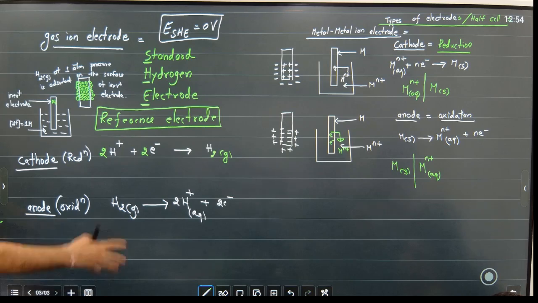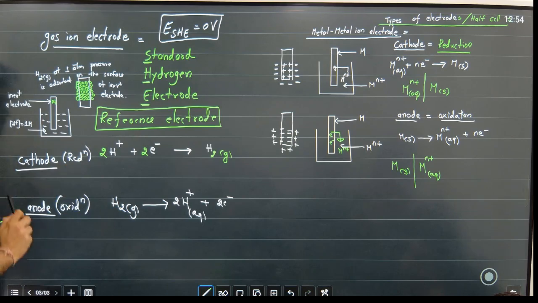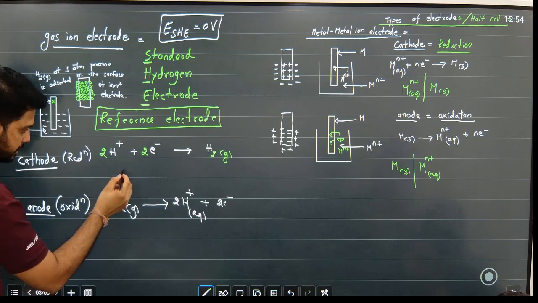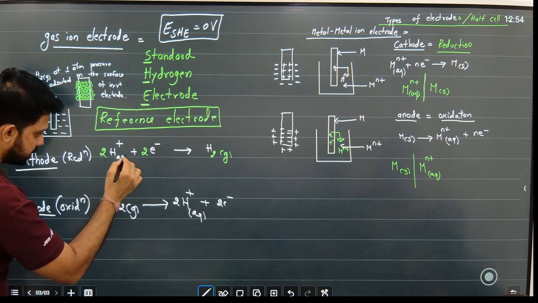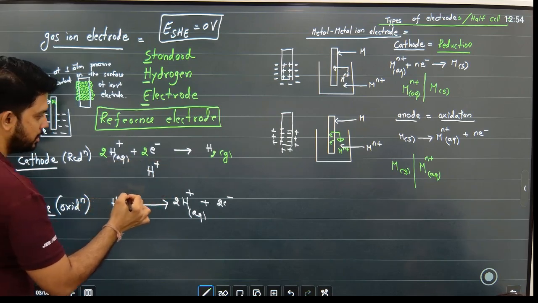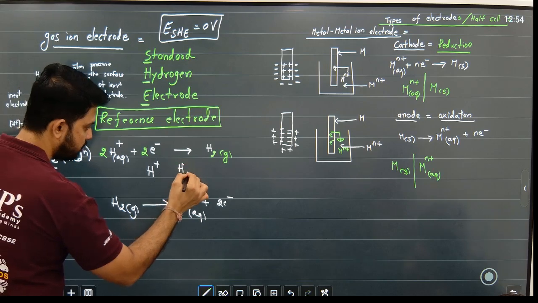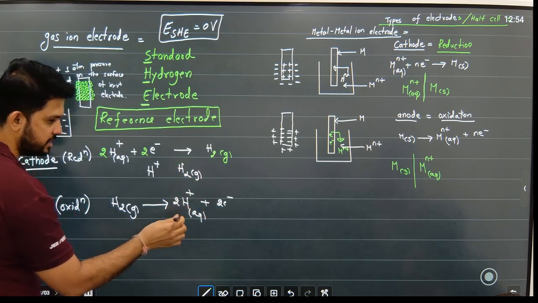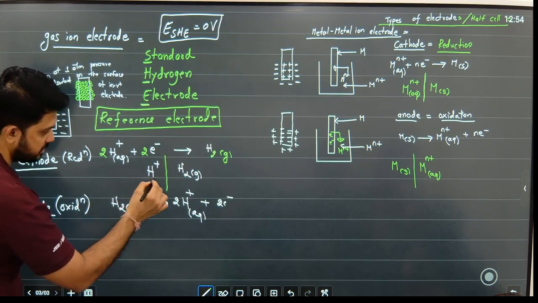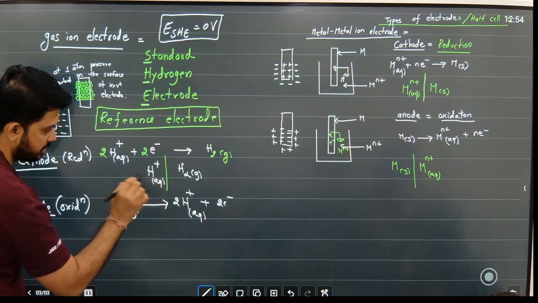ठीक है, चलो. I also want इसका representation, cell representation. So what's happening here? Cathode के side पे H plus is becoming what? H2 gas. Whenever there's a change in phase, this is aqueous, yes or no?